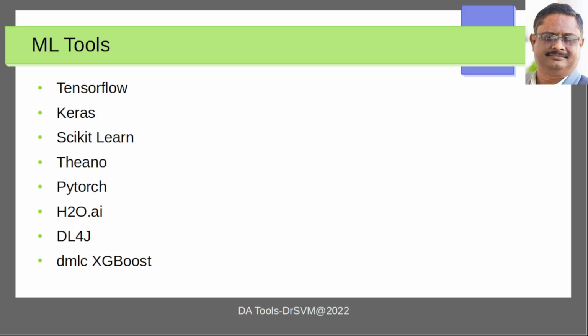So 99.99% of the work is taken care of by these tools if you are good at remembering what tool is available for what problem and solutions and all that. That's the thing we need to look at when we are working on ML tools.